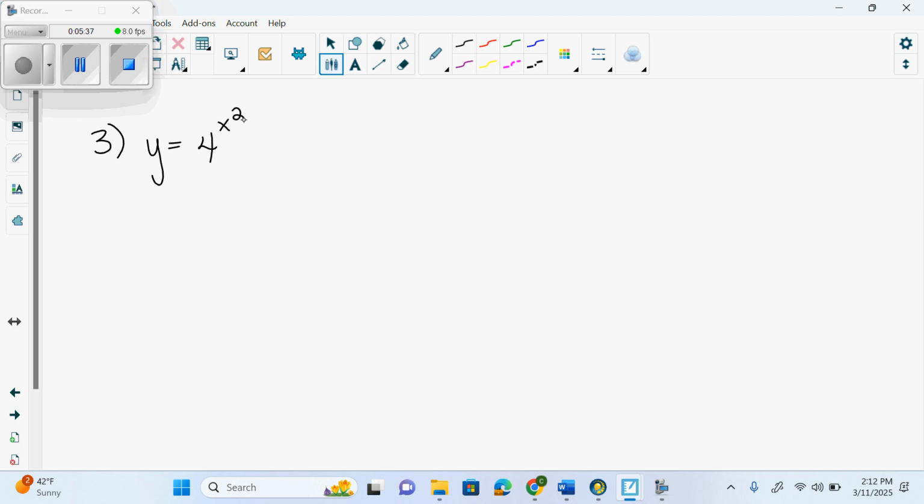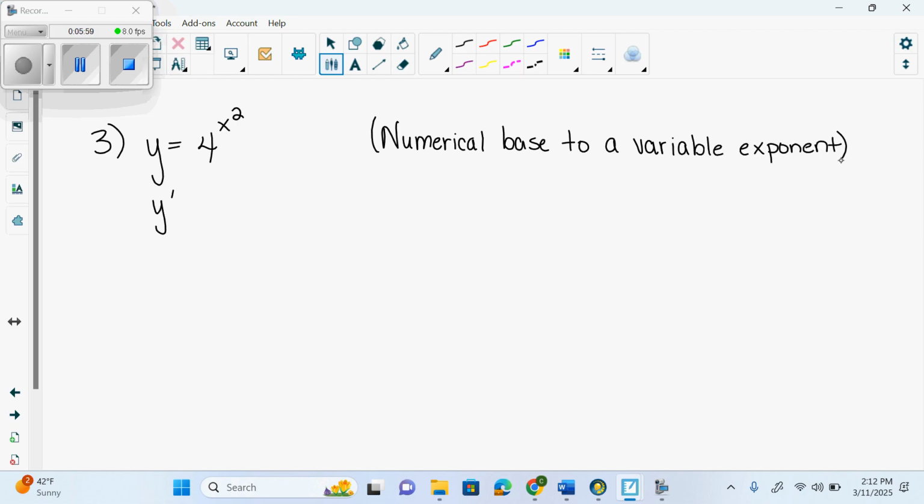Now, how you do the chain rule for them is, this is when it's numerical base to a variable exponent. So, the first step for these is rewrite it. So your one chain is to rewrite it. So here's our rewrite. That is always our first step.